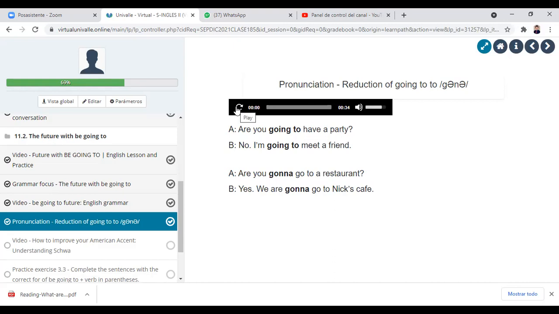In this case, you are omitting the preposition to, and the sentence will sound without to. No, I'm going to meet a friend. But no, I'm gonna meet a friend. You notice the difference? That is something really important to take into consideration when speaking, when practicing the pronunciation of the reduction of going to to gonna.